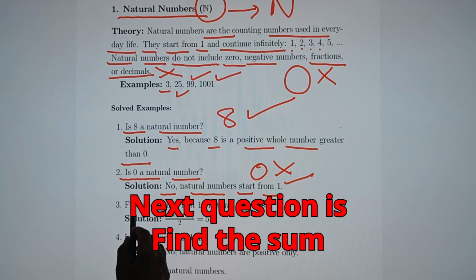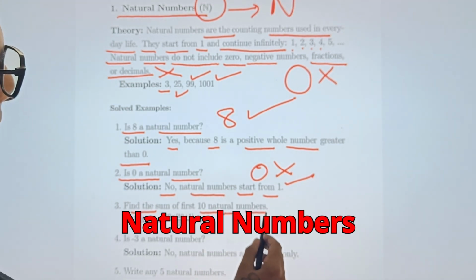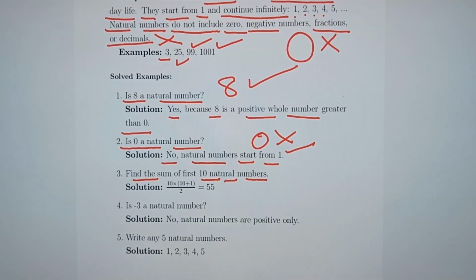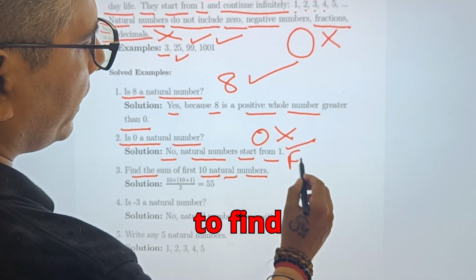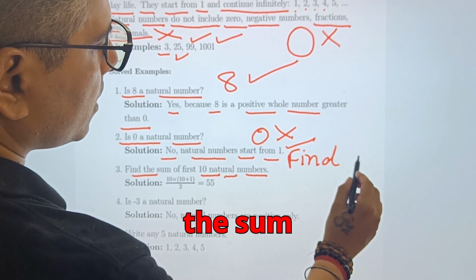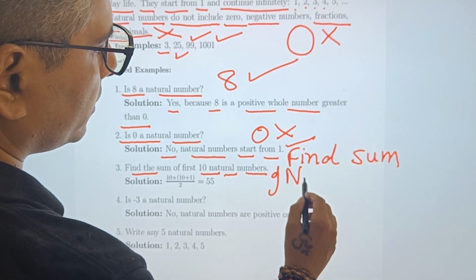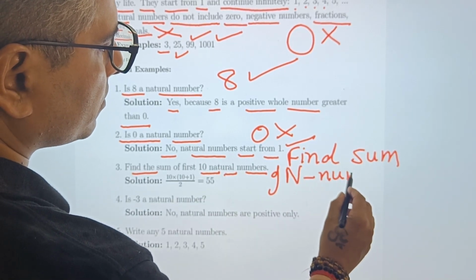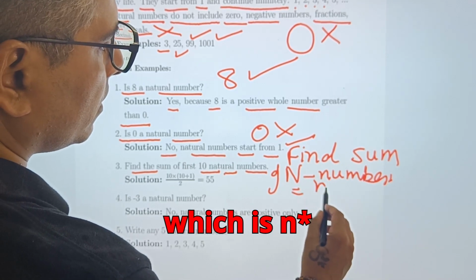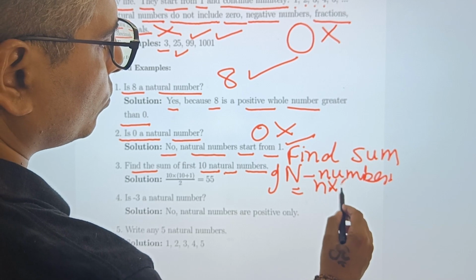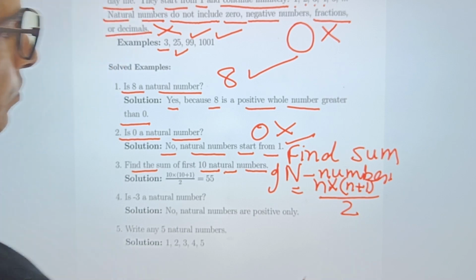Next question is find the sum of first 10 natural numbers. You have to memorize a formula to find the sum of natural numbers, which is n into n plus 1 upon 2.